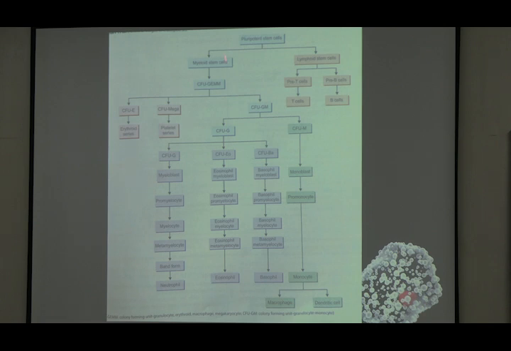Now these myeloid series cells will be committed to produce either granulocytes, erythrocytes, megakaryocytes, or monocytes.